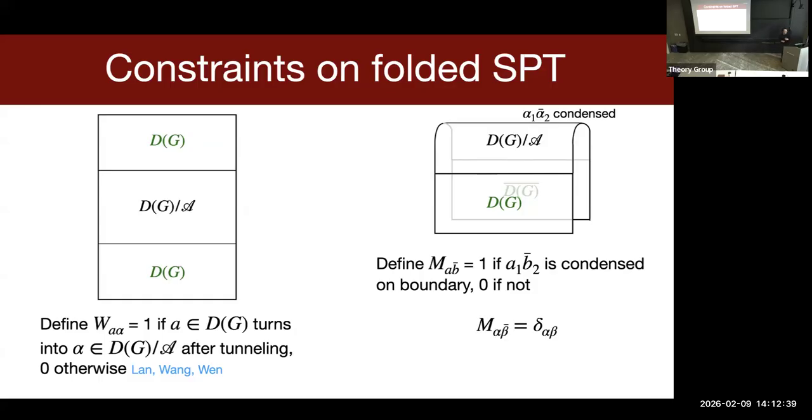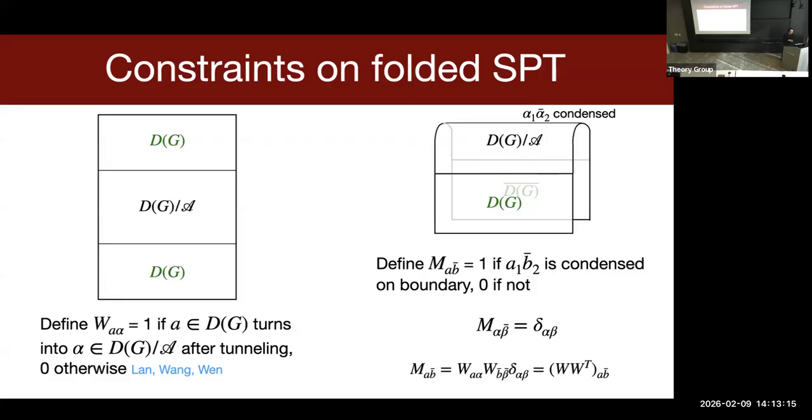Importantly, we know because of this folding trick that for anyons in this intermediate topological order, if I take an anyon alpha and move it over, because all I've done is fold, alpha will turn into alpha-bar when I go across this boundary. So in terms of the anyons in this intermediate topological order, this matrix is just the diagonal matrix.